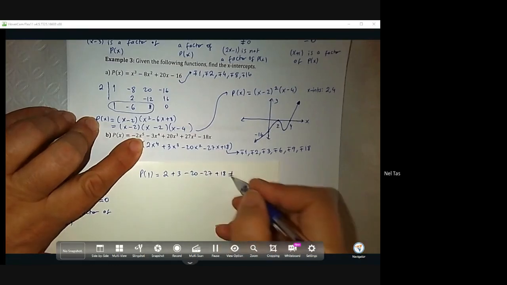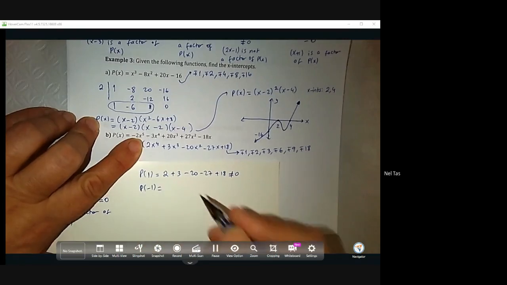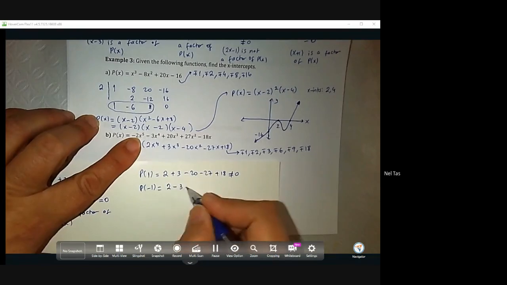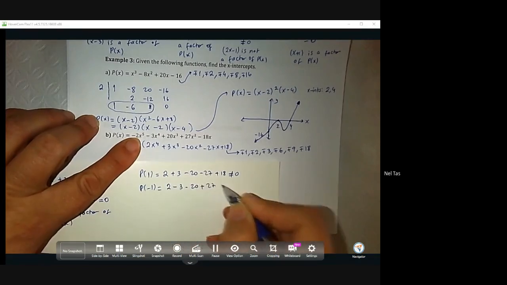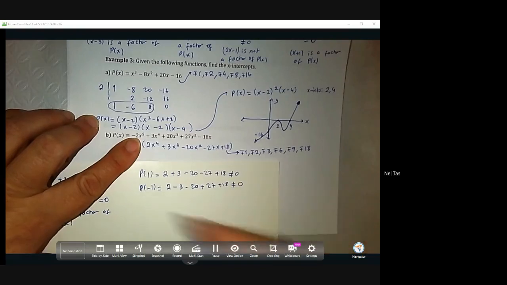This is not equal to 0. Now we try negative 1. We get 2 minus 3 minus 20 plus 27 plus 18. This is also not equal to 0. So we move on.